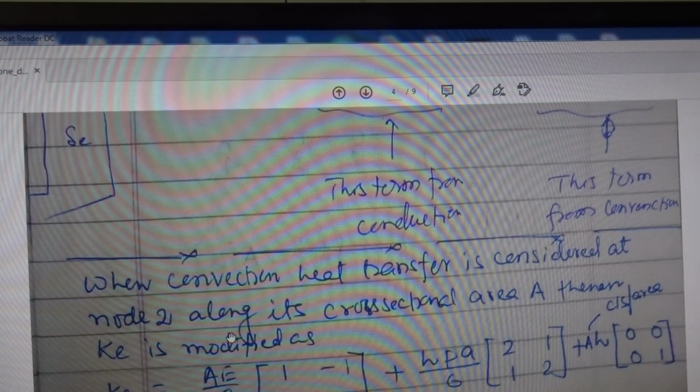Now when convection heat transfer is considered at node 2 along its cross-sectional area A, then K is modified.